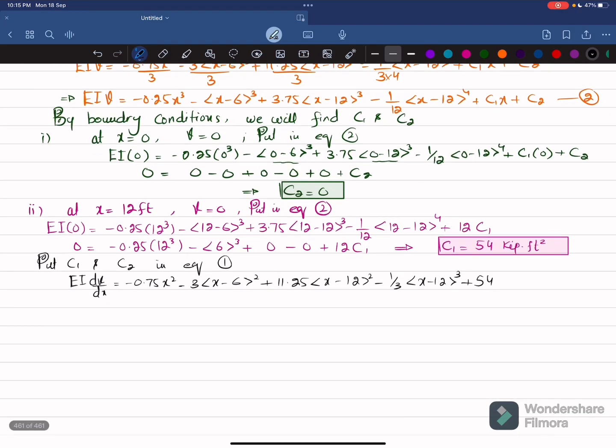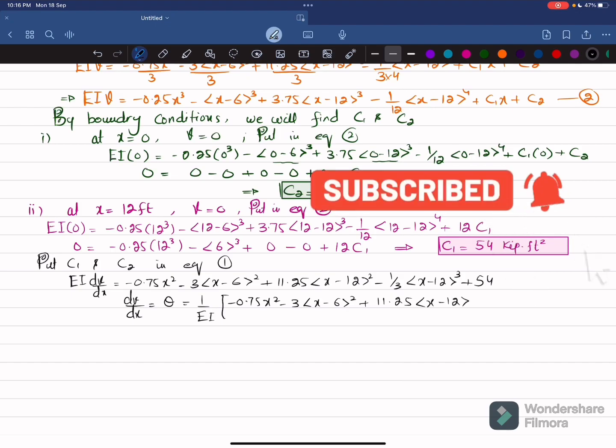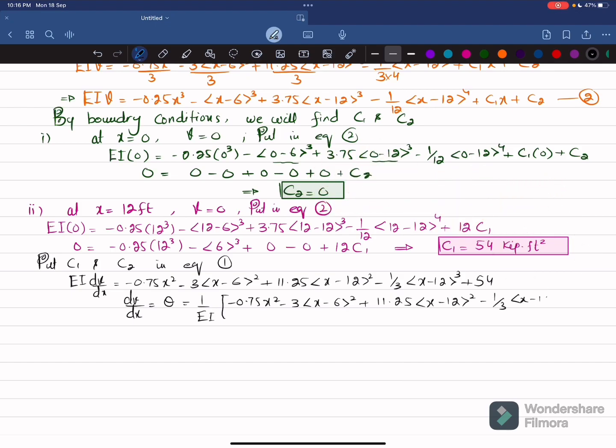If you divide EI on both sides, you will get dv/dx, which is the slope, equal to 1/EI multiplied by [-0.75x² - 3⟨x-6⟩² + 11.25⟨x-12⟩² - 1/3⟨x-12⟩³ + 54].